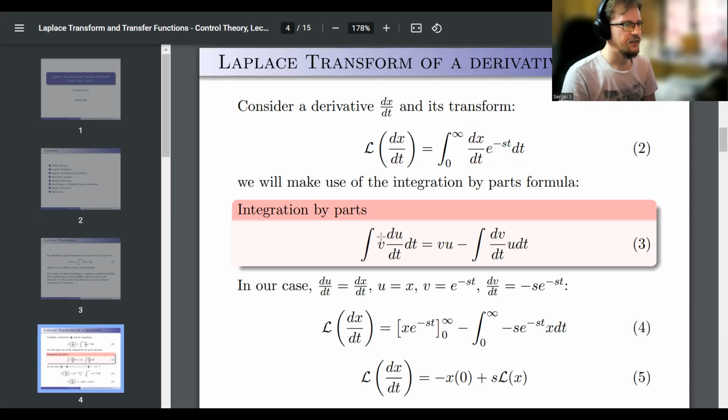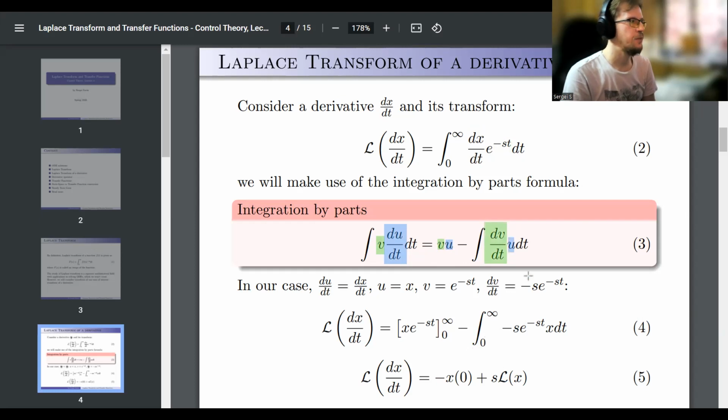Remember, integration by parts looks like this. We say, if we have v times du dt integrated over dt, this is the same as u times v, minus dv dt times u.